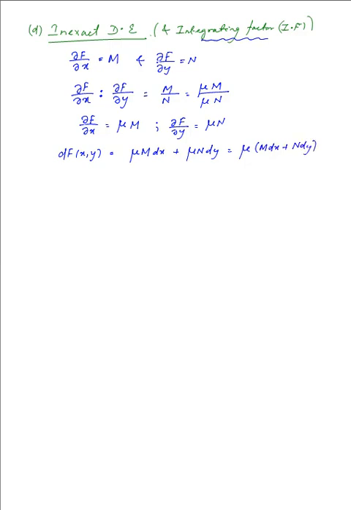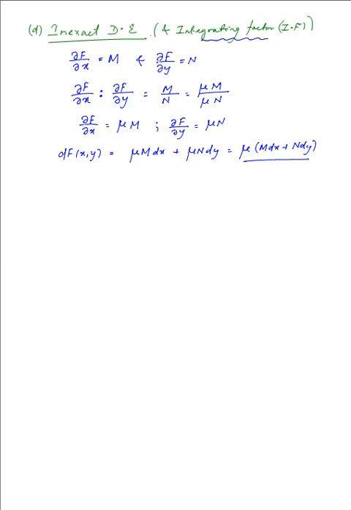This mu that was multiplied is called the integrating factor. We can further multiply this equation with another integrating factor, which means that mu is any arbitrary integrating factor, but there can be many integrating factors which can be multiplied to the given differential equation to make it an exact one from its inexact form.